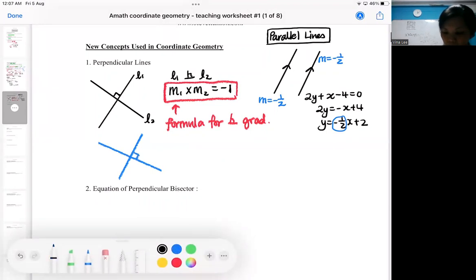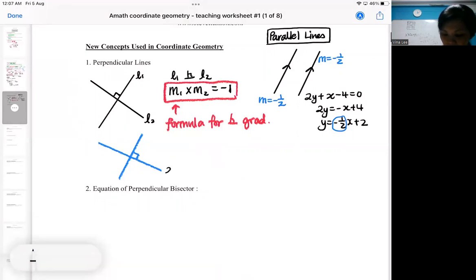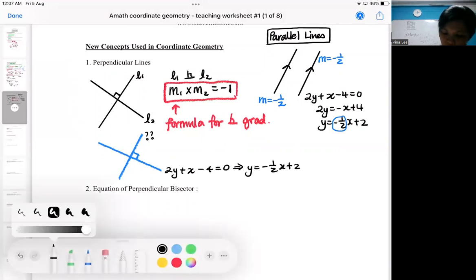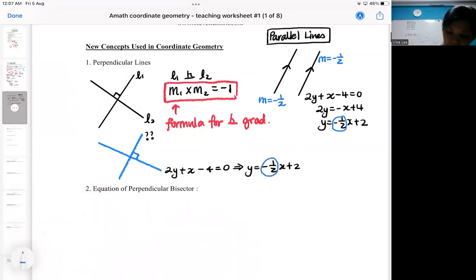Let's say I know this equation, 2y plus x, the same equation as just now. And I'm trying to find this gradient. What you can do is the same, you manipulate it already. You will know that this is the gradient.